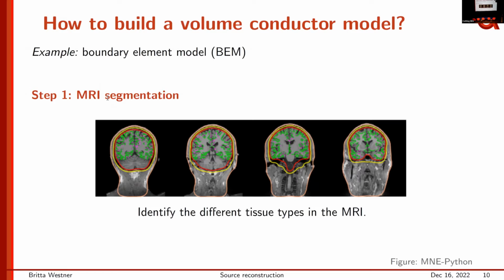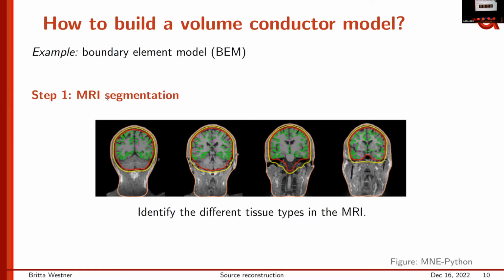So here is an example of how a segmentation might look. This is how it looks in MNE-Python and FreeSurfer, but it looks similar in other toolboxes. Here we would have in green the white matter.